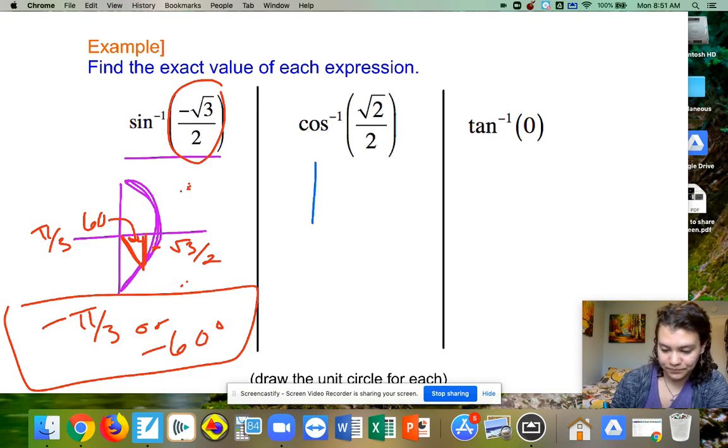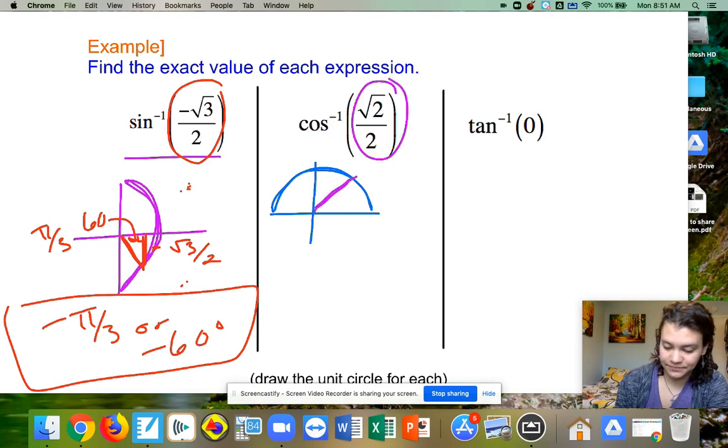Okay. So cosine, we have to be on the top half. And then look at what's your sign. We're a positive sign, so you have to be on the positive x side. And then cosine corresponds to your x value, so you know this is root 2 over 2, which makes this a 45 degree angle.